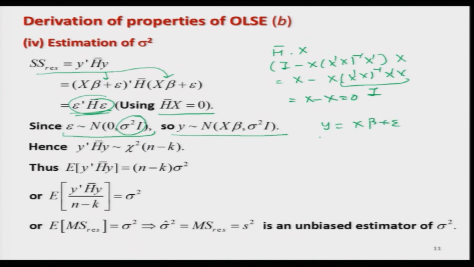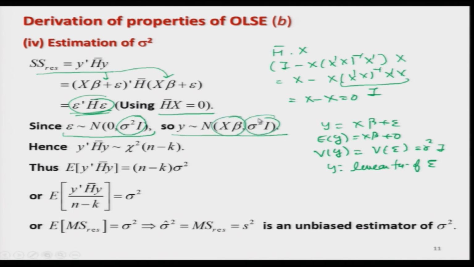So you know that the expected value of y is equal to x beta plus 0, and the covariance matrix of y will be the covariance matrix of x beta, which is 0, plus the covariance matrix of epsilon, which is sigma square I. And y is a linear function of epsilon, which is normally distributed. So y will also be normal with mean vector x beta and covariance matrix sigma square I.